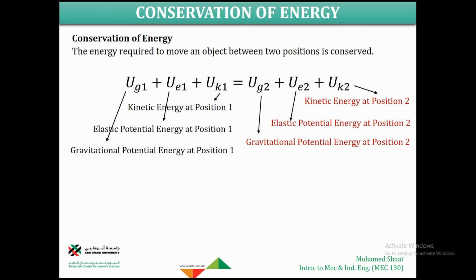Conservative means that there is no loss of energy as long as the system is conservative. There are some conditions for a conservative system. But anyway, even if it is non-conservative, it will be converted into another useful form that we can use. But anyway, the energy is still there.